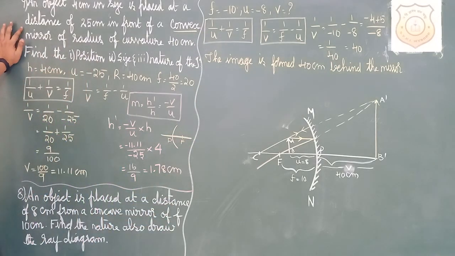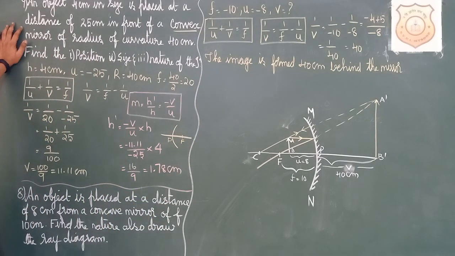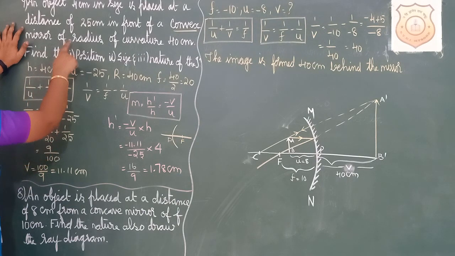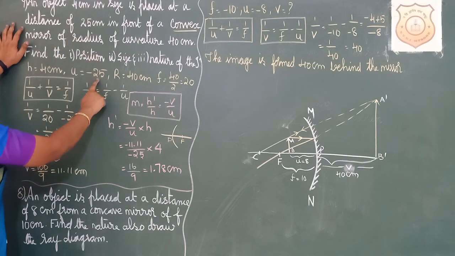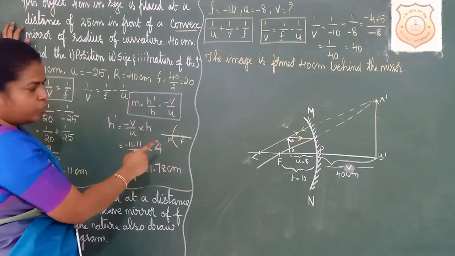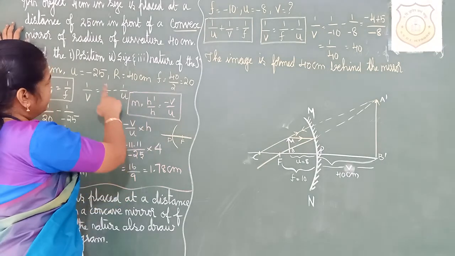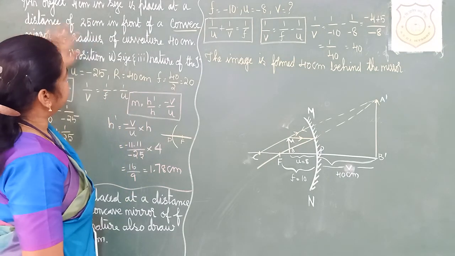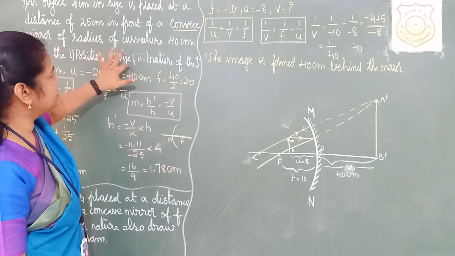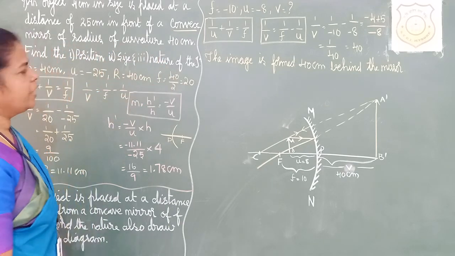I have written h is equal to 4 centimeters and the distance u is equal to minus 25. Even if it is a convex mirror, u will come on this side, no? So it is minus 25, and the radius of curvature is 40 centimeters. Find the position, size and nature of the image.